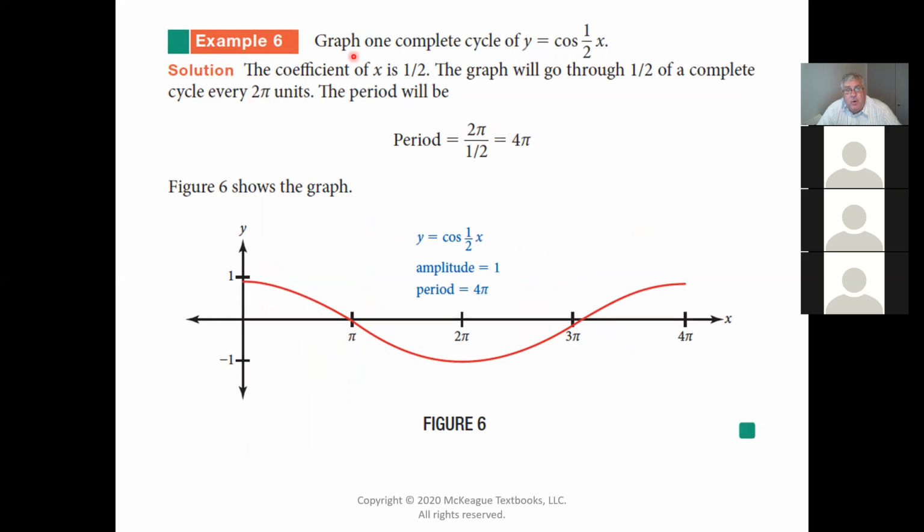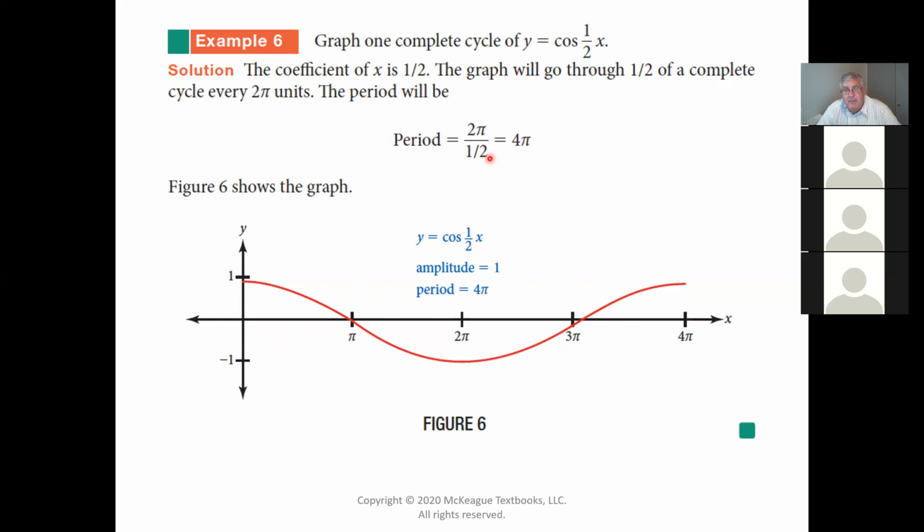They want you to graph one complete cycle of y equals cosine 1/2 x. Notice now we have 1/2 being multiplied by x. So the period of this trigonometric function will be 2 pi divided by 1/2.